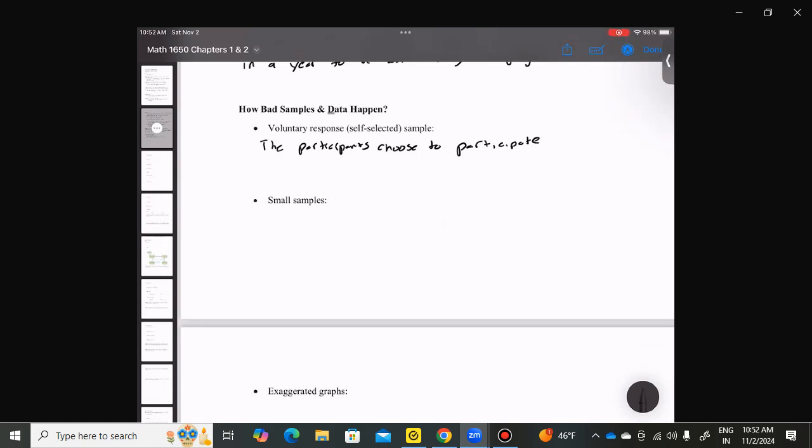But it can cause issues, and one of the main issues it can cause is this may lead to a sample that is not representative of the population.